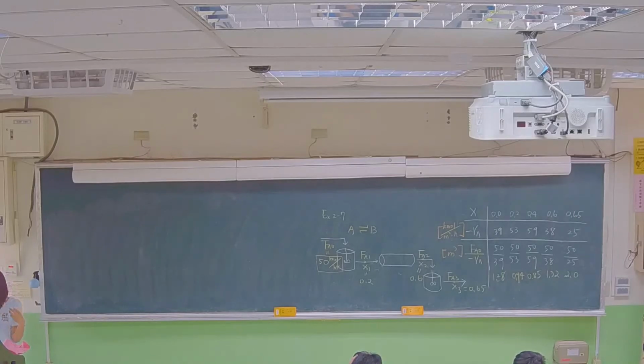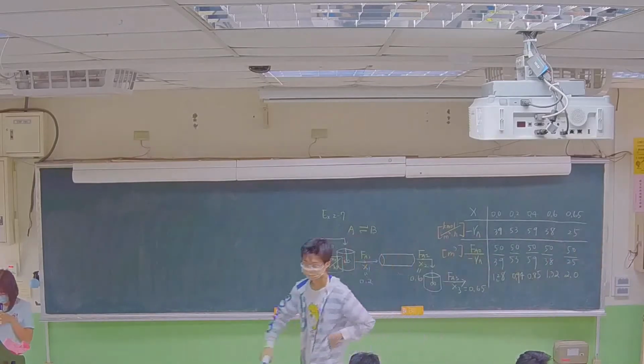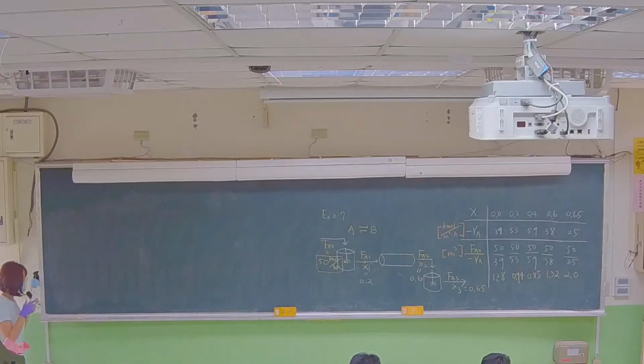The table with FA0 over reaction rate. So V1 is for CSTR, right? V1.